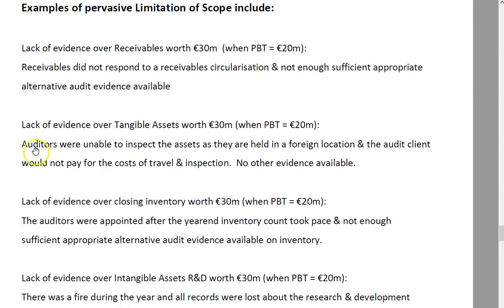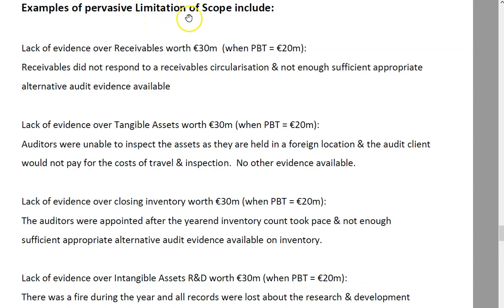Here are examples of limitations of scope, and they're all pervasive examples. So the percentage of PBT is going to be greater than 40%. But they'd all be material if they were just less than 40% and greater than 5%. Between 5 and 40% is material. And if the size of the potential problem was less than 5% of profit before tax, they'd be immaterial limitations of scope.